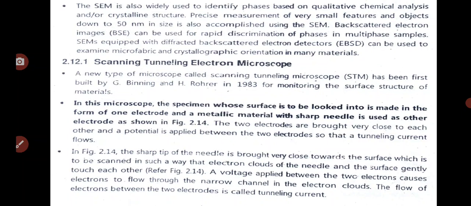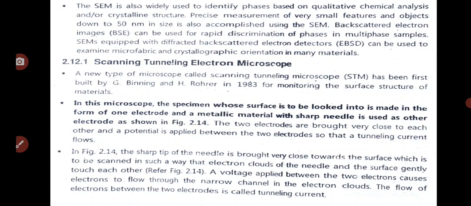So this is the idea about the scanning electron microscope. To summarize, the electron beam is emitted from the tungsten lamp by the thermionic emission principle and passes through different lenses to become incident on the material surface.